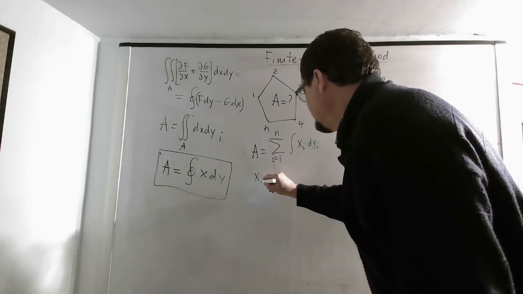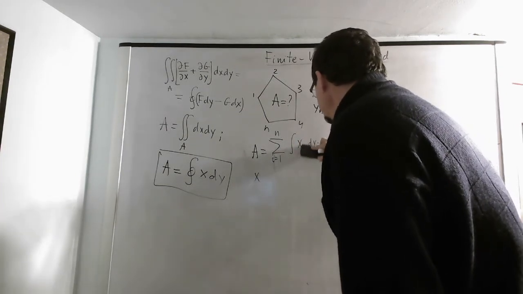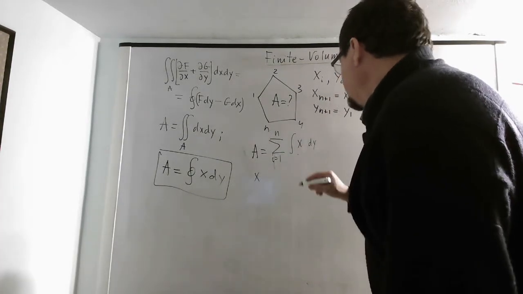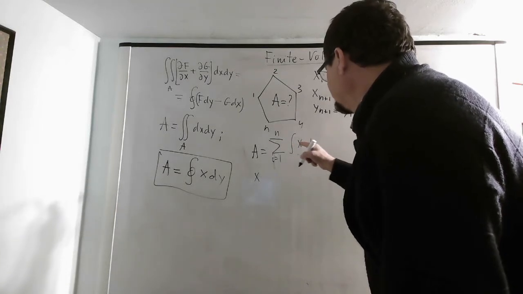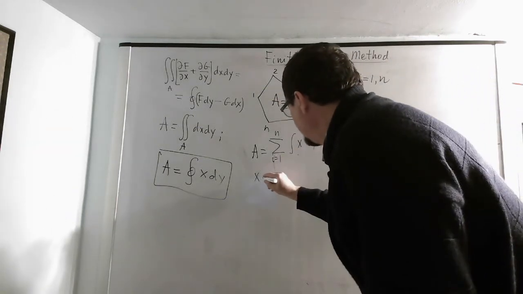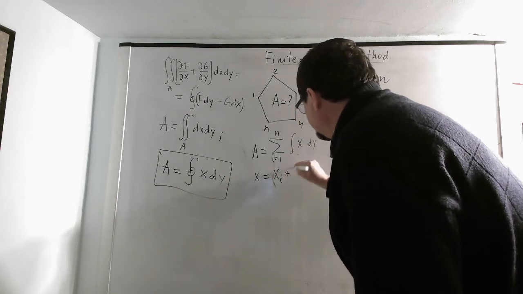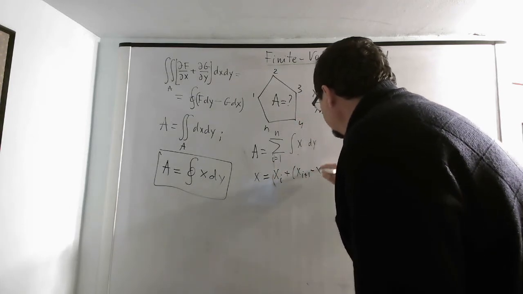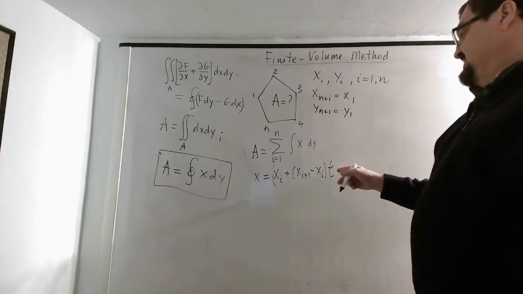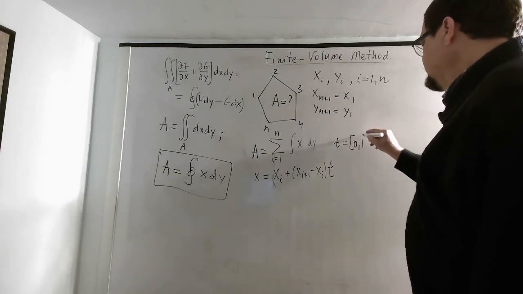Along the direction of one of those lines, x equals xi plus (xi plus 1 minus xi) times some parameter t. This parameter t changes from 0 to 1.